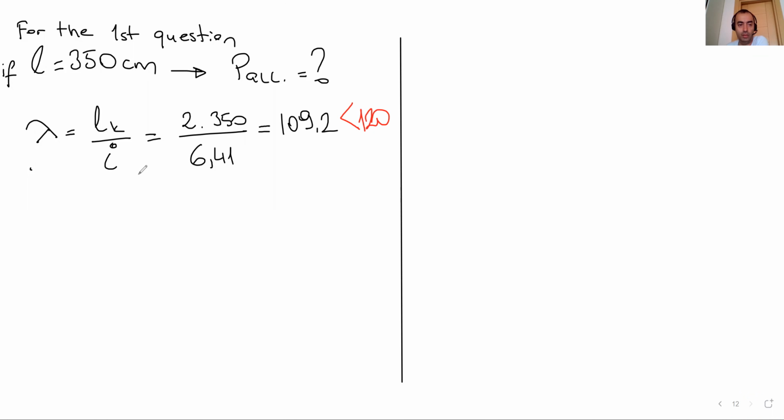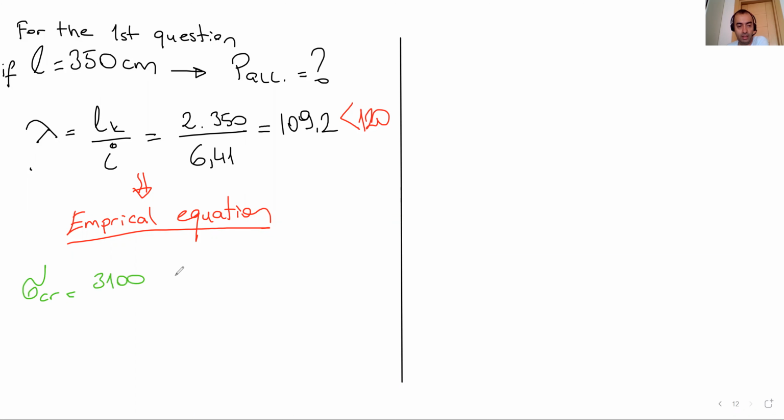So what will we do? If this is greater than 120, we use Euler's theory. Here we will use the empirical equation, which is given in the question. Here we go. Sigma critical is, this is the equation.